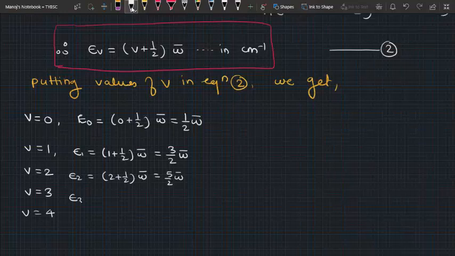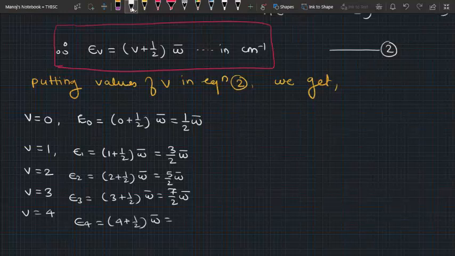Epsilon 3 is equal to 3 plus 1 half omega bar, equal to 7 by 2 omega bar. Similarly, epsilon 4 is equal to 4 plus 1 half omega bar, equal to 9 by 2 omega bar. Similarly, we can calculate the vibrational energy for different values of v.